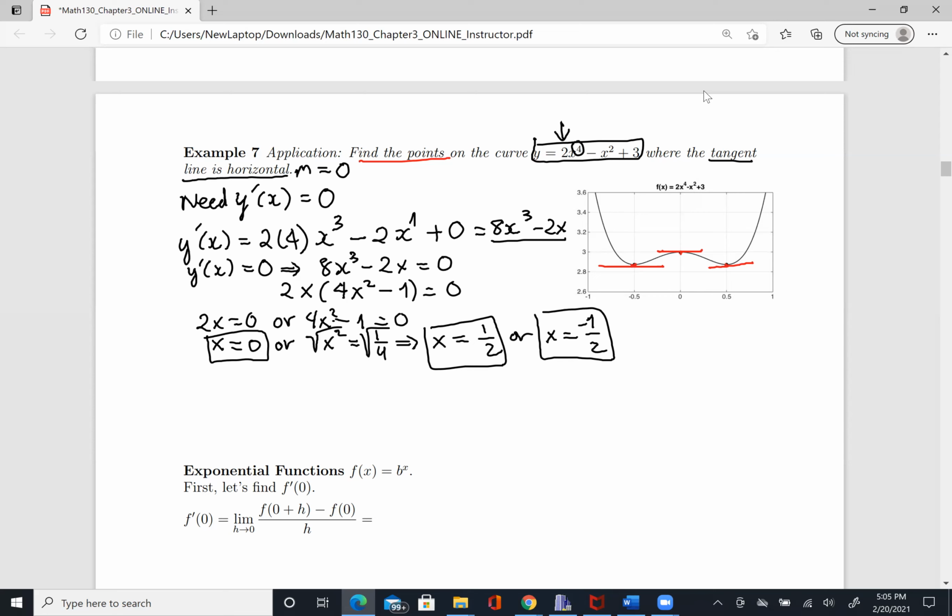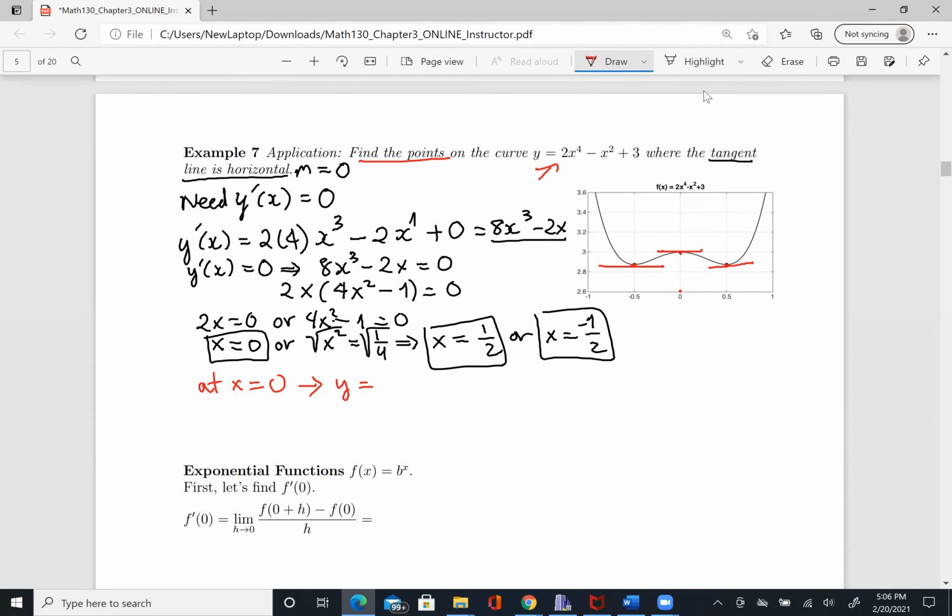Say at x equal to 0, right? Here's x equal to 0. What is the y value? Now I have to come back to this equation, right?